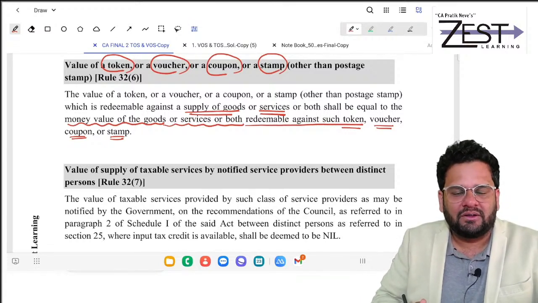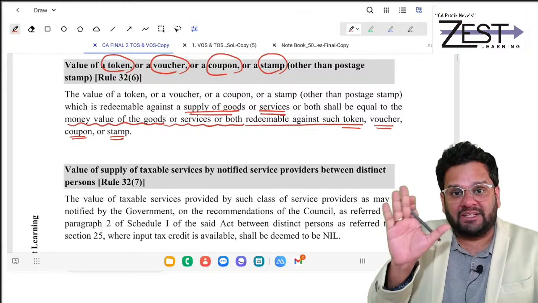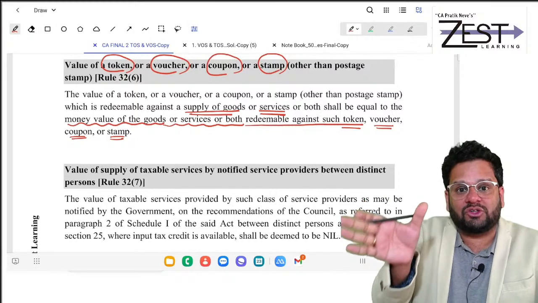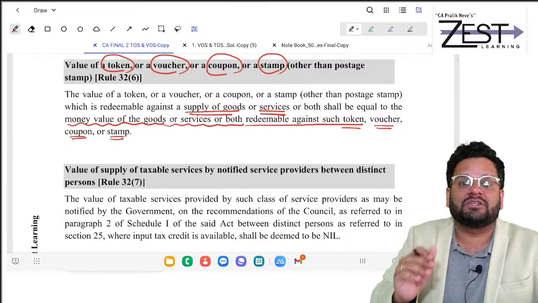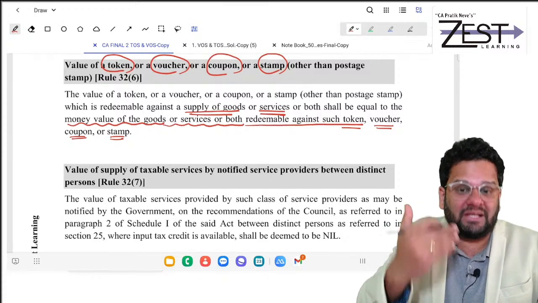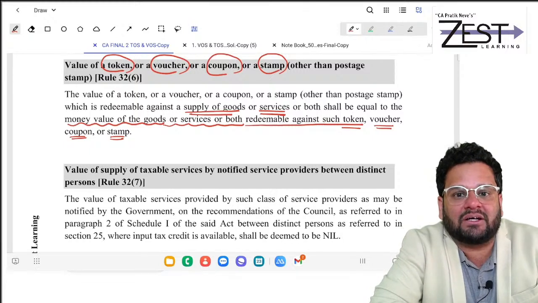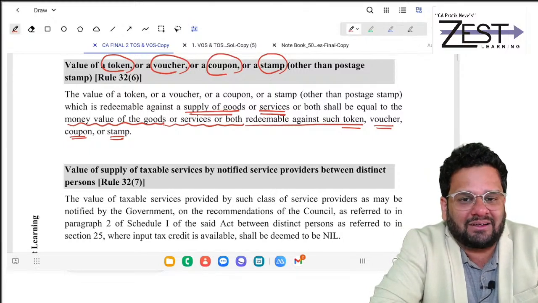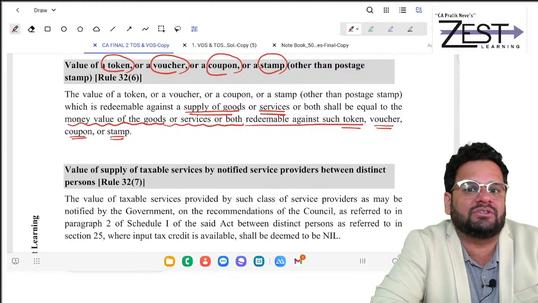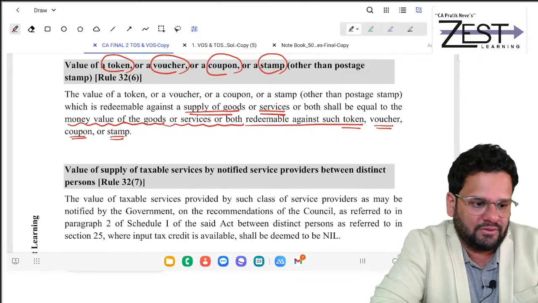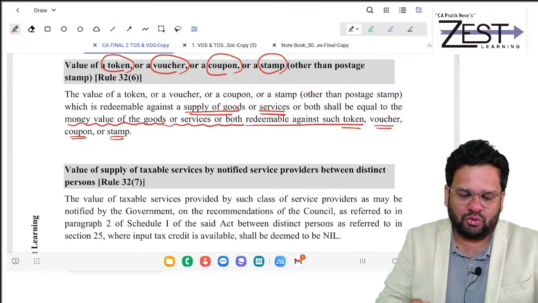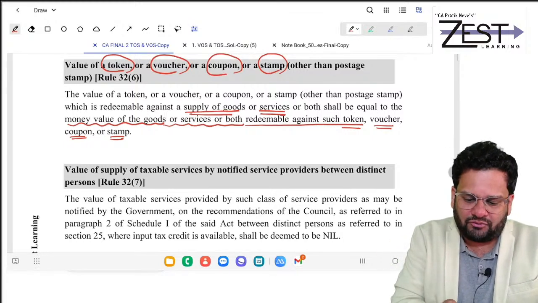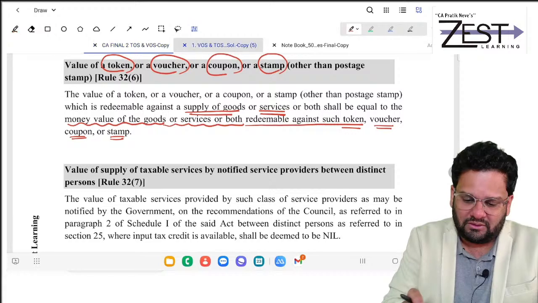Getting my point? So the price of that gift voucher of 10,000 rupees is 10,000, because if the bill of the hotel is 30,000, then to pay that 30,000 I can use this voucher of 10,000. Getting it? So just a formality rule, the value of token, voucher.